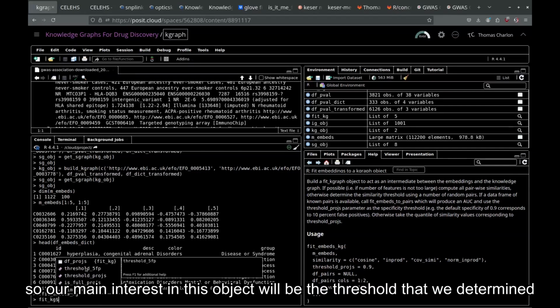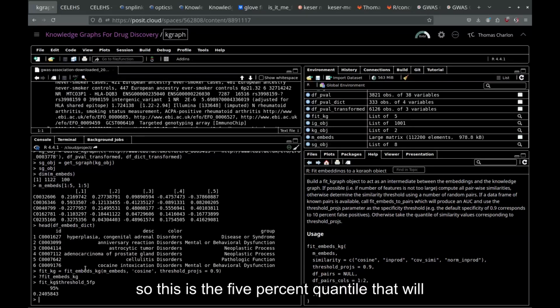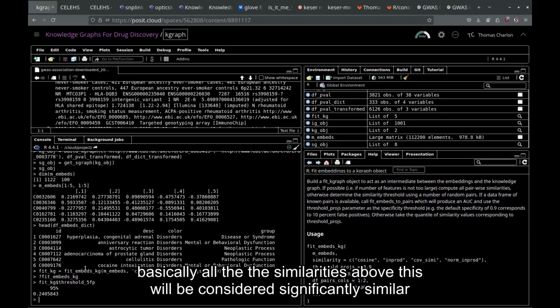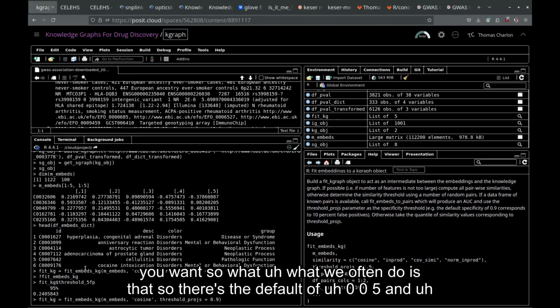So our main interest in this object will be the threshold that we determined. This is the 5% quantile, so basically all the similarities above this will be considered significantly similar. The function also has the threshold proj parameter with which you can define yourself the quantile you want.